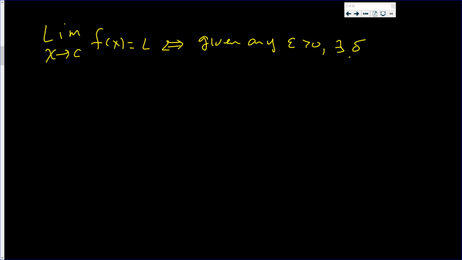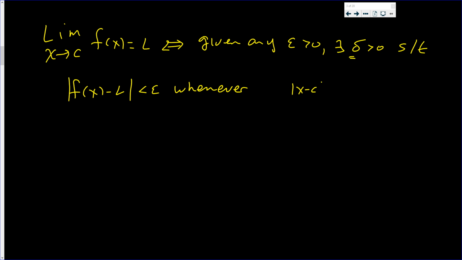And by the way, this delta is going to depend on epsilon. There exists a delta greater than 0 such that the difference between the y values, between f of x and L, is very small whenever x minus c is small and positive. Because we don't want x to be c.